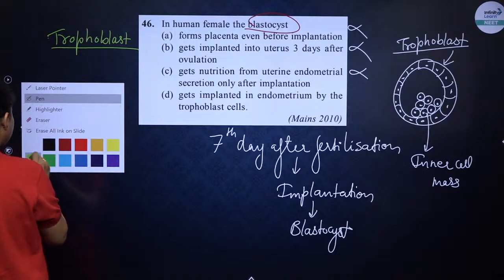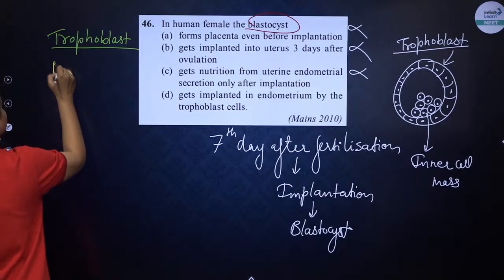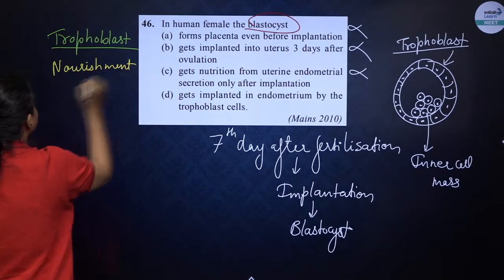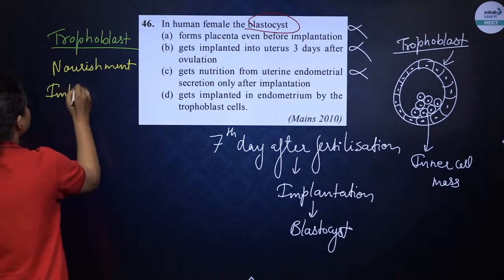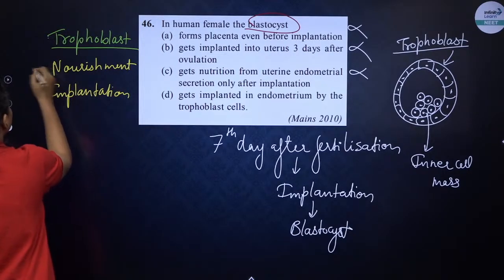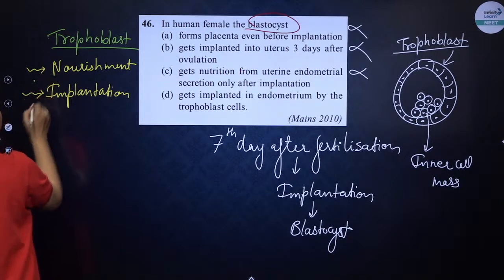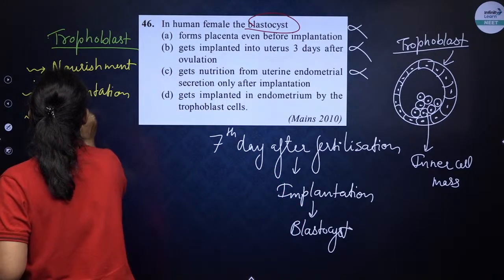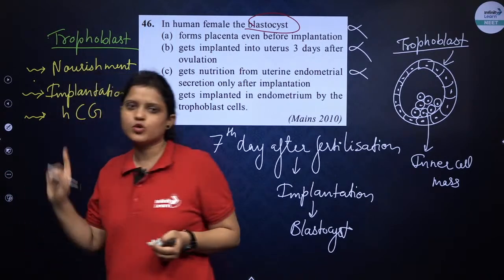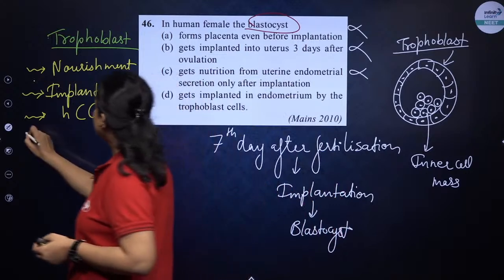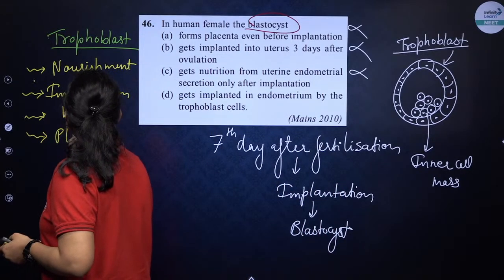So this trophoblast layer will provide nourishment, help in implantation. Write it down, all students. It will provide nourishment, it will help in implantation. It will also secrete human chorionic gonadotropin, HCG, and this hormone is detected at the time of pregnancy test, isn't it? It also forms placenta later.